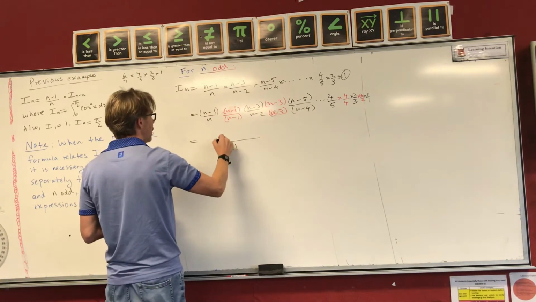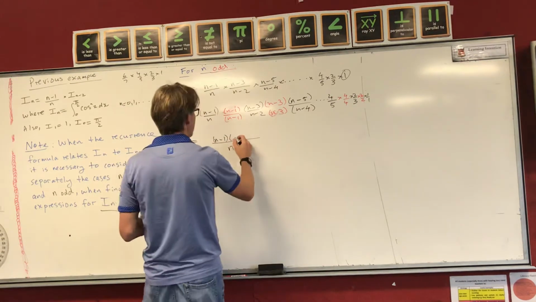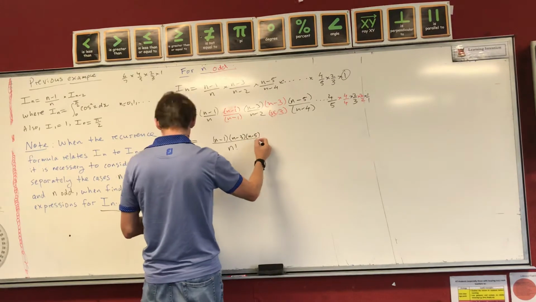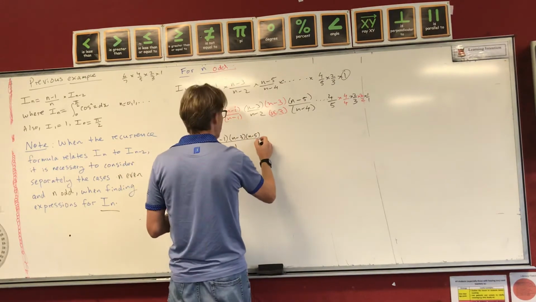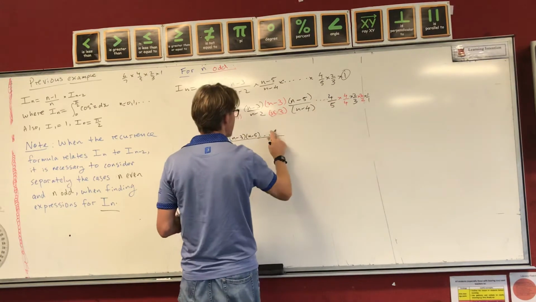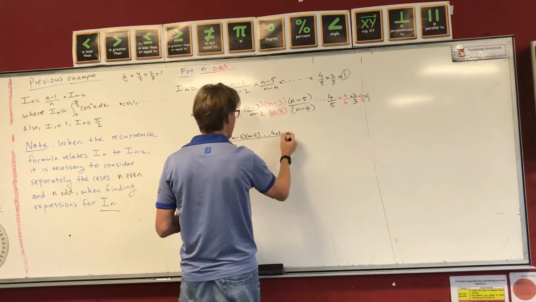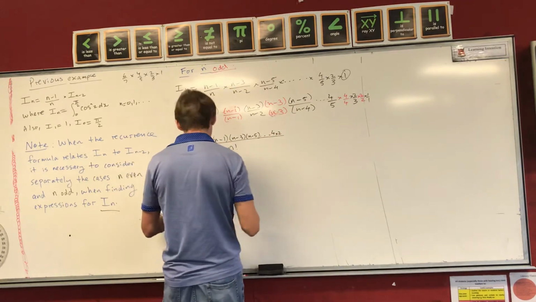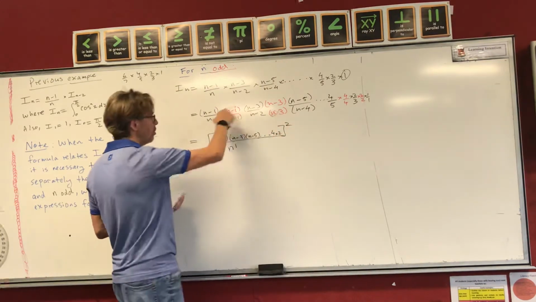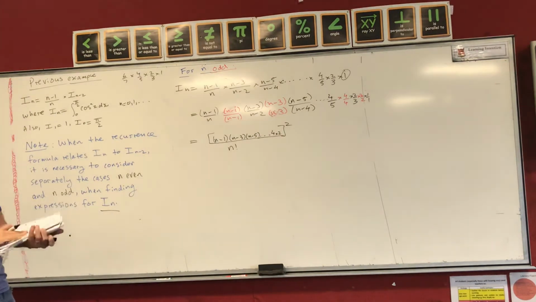So we're going to go n minus 1, n minus 3, n minus 5, all the way down to 4 and 2, don't worry about the 1, and that will be squared. So we've got 2 of each of those terms in the numerator. How are we looking so far?